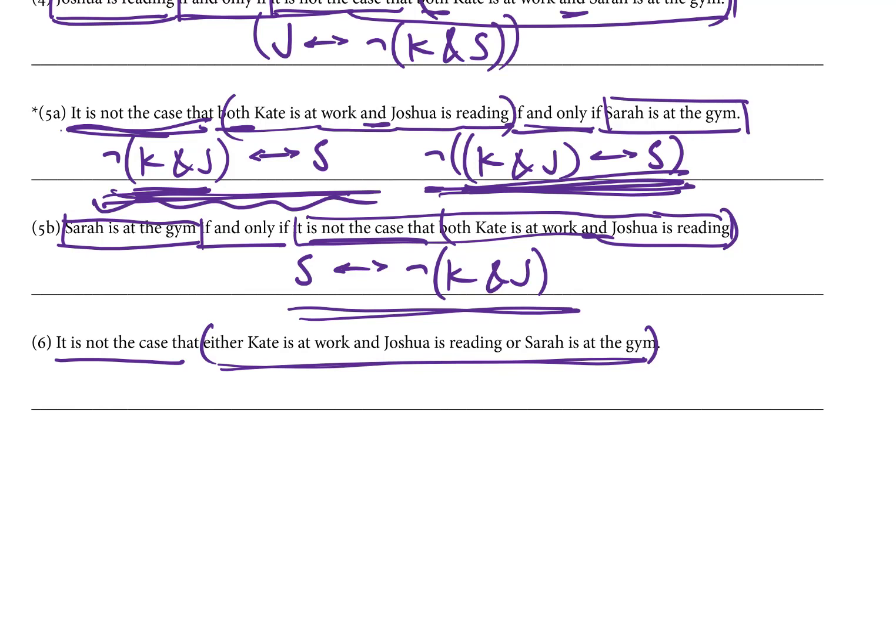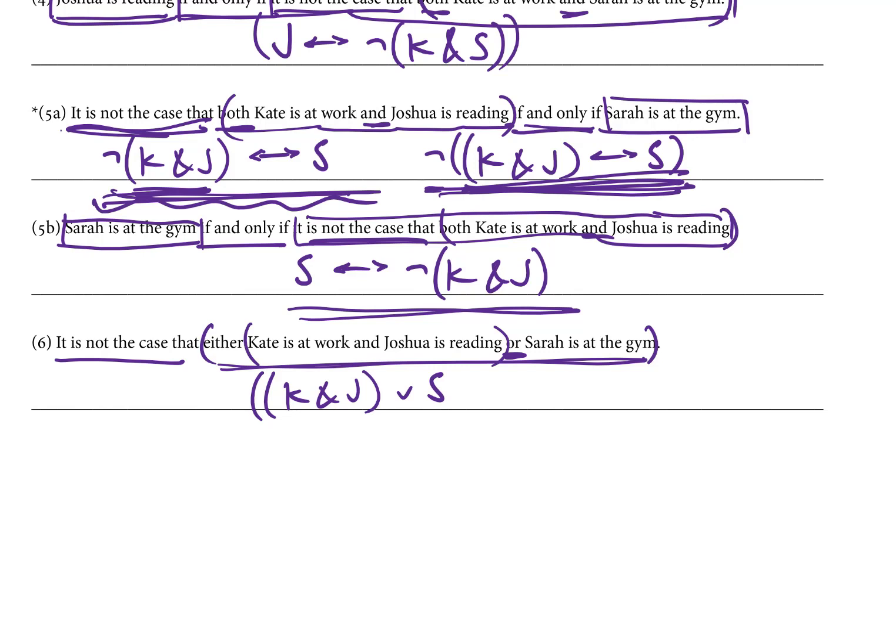Okay, now what's going on inside the parentheses? We have either Kate is at work and Joshua is reading, or Sarah is at the gym. Okay, so here we start again with a conjunction. Kate is at work and Joshua is reading. Or wedge, Sarah is at the gym.